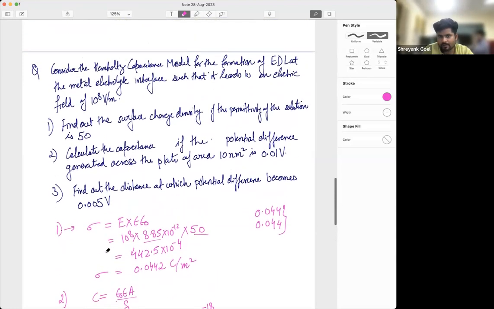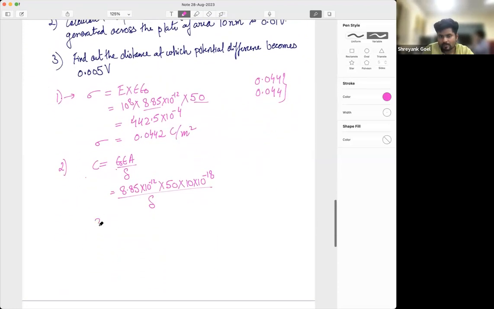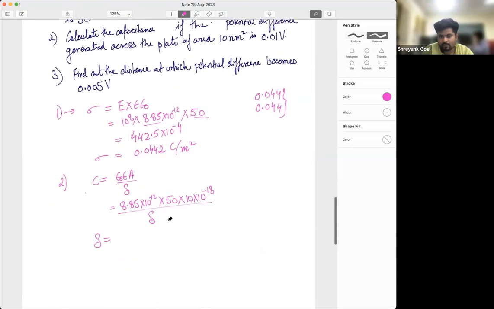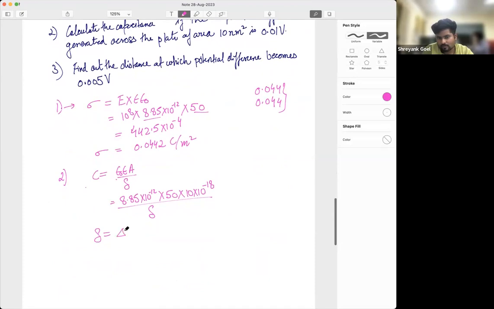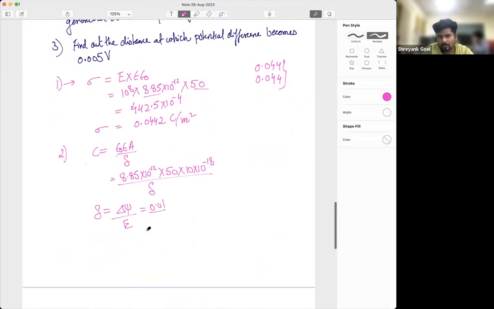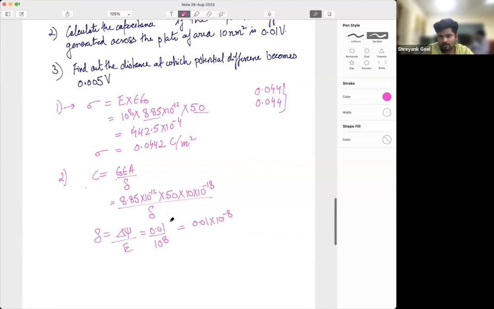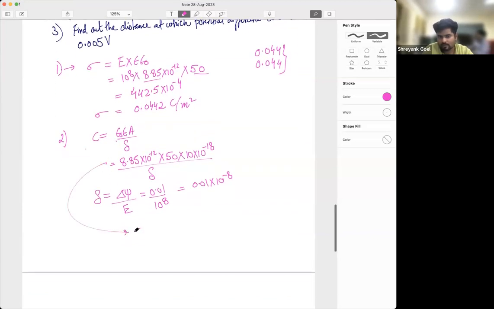We don't know delta yet. So delta is nothing but 0.01 by E, and that is 0.01 divided by 10 to the power 8.